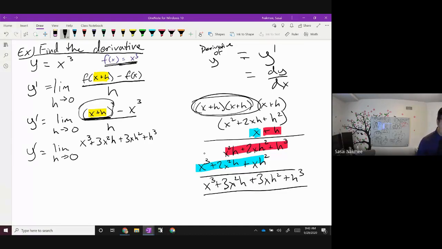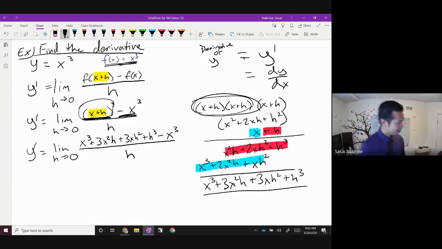This whole thing is going to replace that x plus h cubed. Of course, it's still being followed by minus x cubed. This, of course, is all still being divided by h.